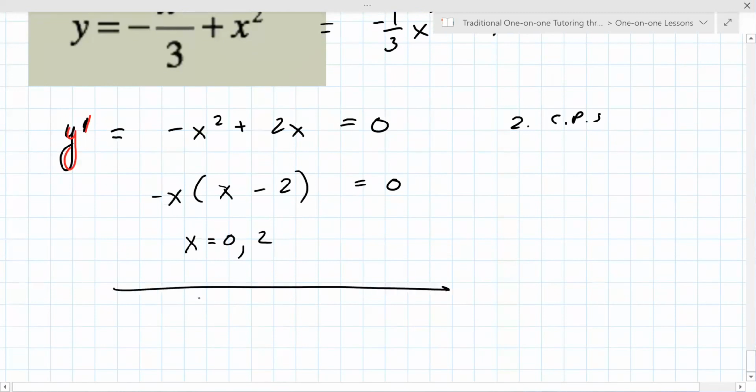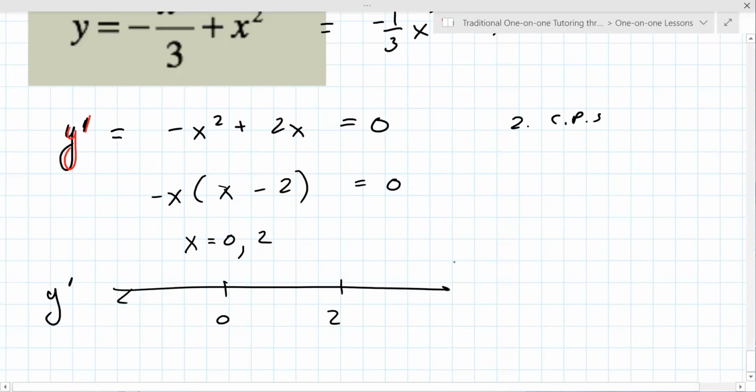Okay, give me the sign chart here for 0 and 2. Tell me what goes on at each of those intervals. So this one, 1, 3. You're plugging it back into the derivative, yes, because this is the first derivative.